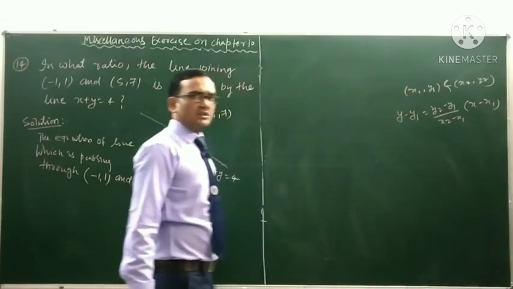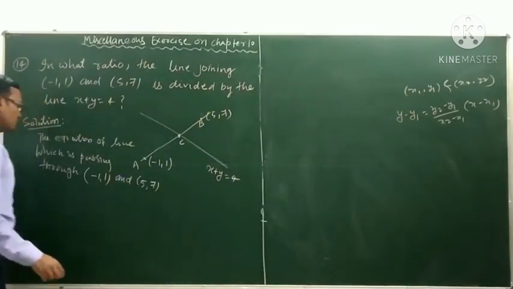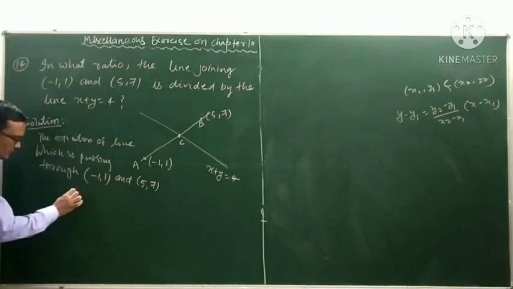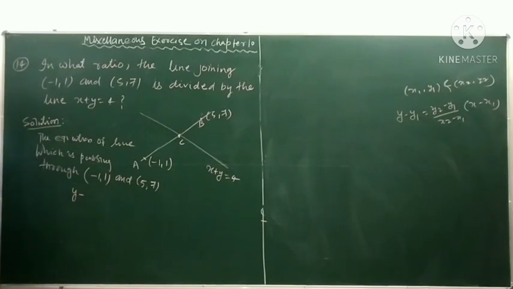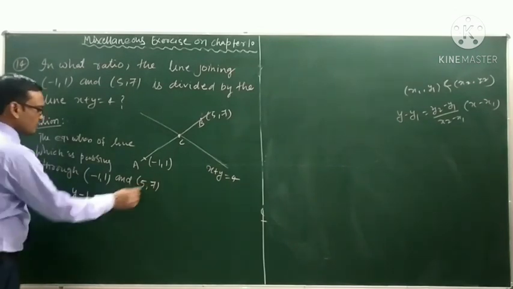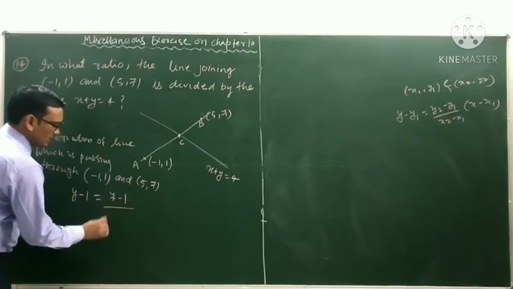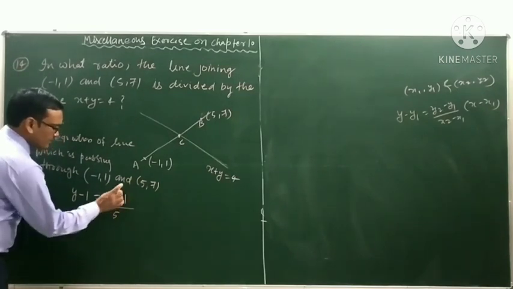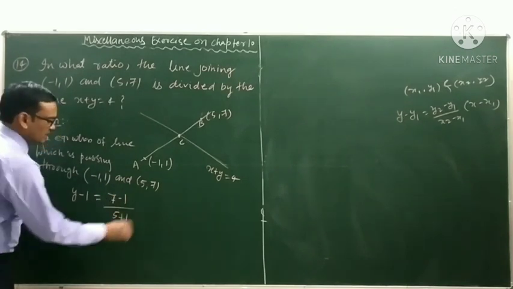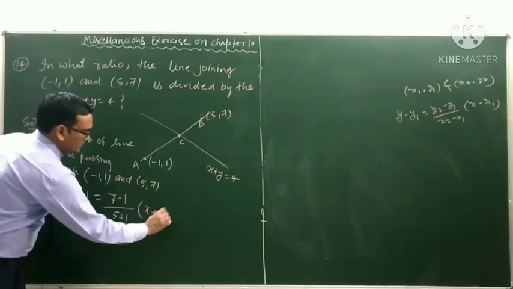Using this formula, we find the equation of line AB. y minus 1 equals (7 minus 1) upon (5 plus 1) into (x minus x1), where x1 is -1. This implies y minus 1 equals 6 upon 6 into (x plus 1).